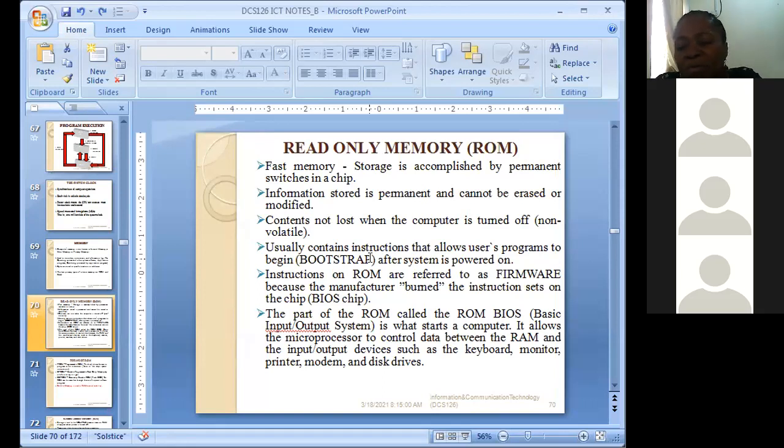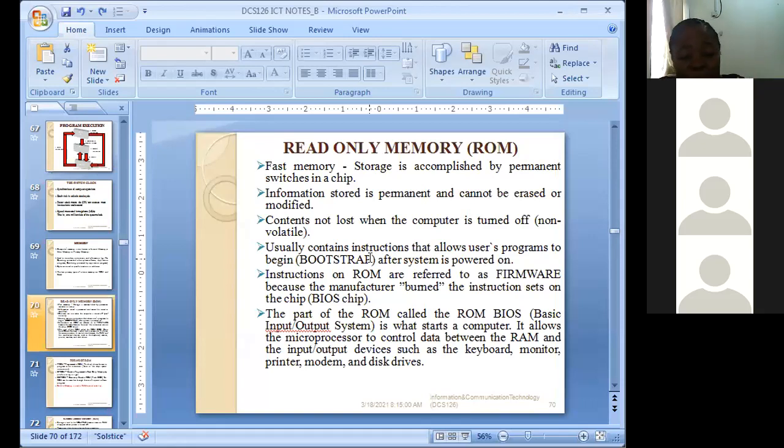Instructions on ROM are referred to as firmware. Why? Because the manufacturer bound the instruction sets on the chip, and this is called the BIOS chip, basic input output system chip. So the chip that makes up the ROM chip is the BIOS chip, and it is bound in by the manufacturer.